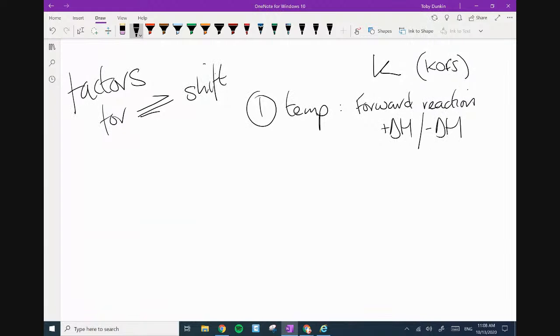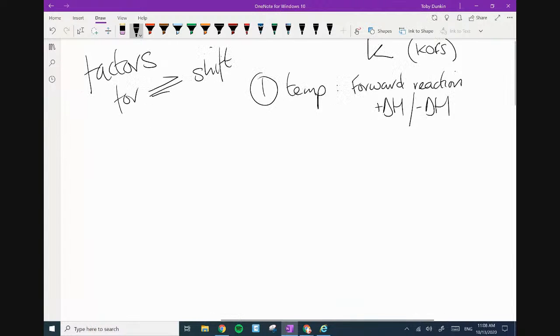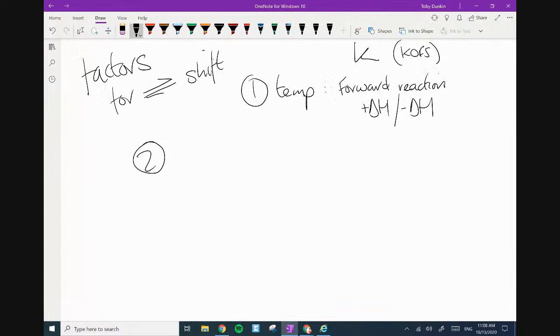There's the knowledge. The next one, number two, is pressure. Oh, I shouldn't do that. I should line it up so I can do it like a table. Number two is pressure.